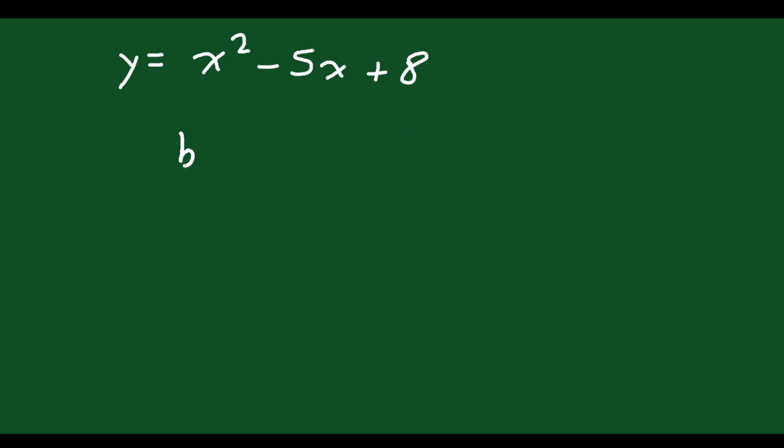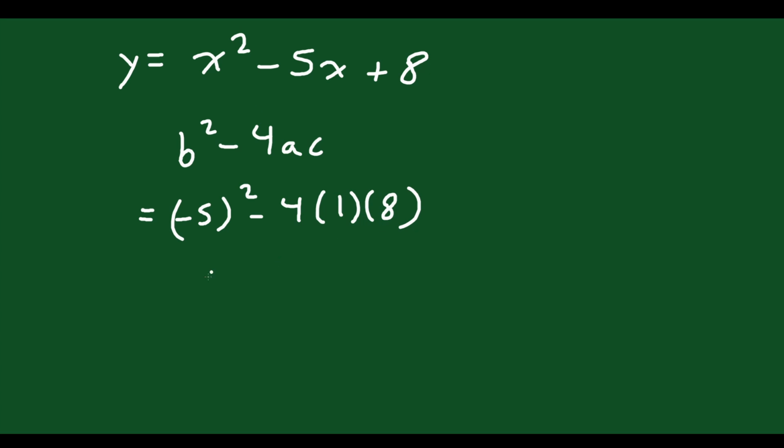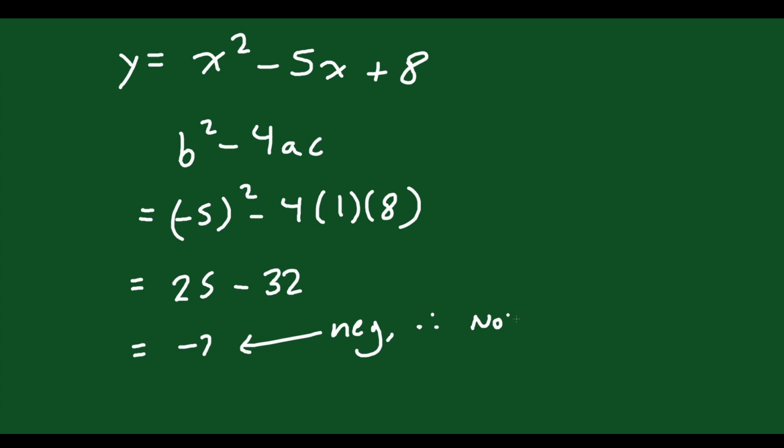Well, you do the same thing. b squared minus 4ac. b is negative 5, so you'll have negative 5 squared minus 4 times a, which is just 1, times c, which is 8. So you'll have 25 minus 4 times 8, which is 32. 25 minus 32 is negative 7. That's a negative number, therefore no real roots again, right?